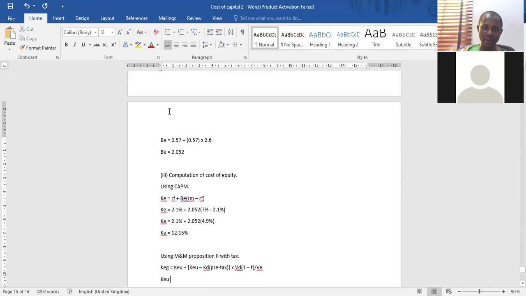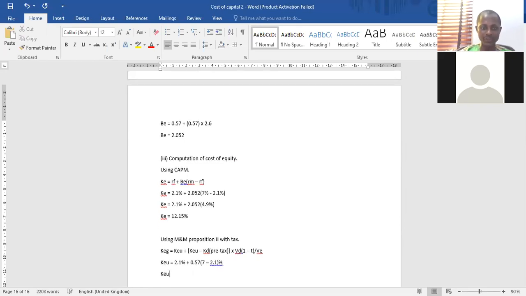So let's go and compute our cost of equity ungeared. Our answer is equal to what? 2.1% plus 0.57 into brackets 7 minus 2.1%.